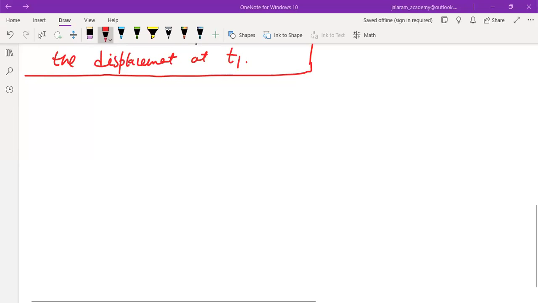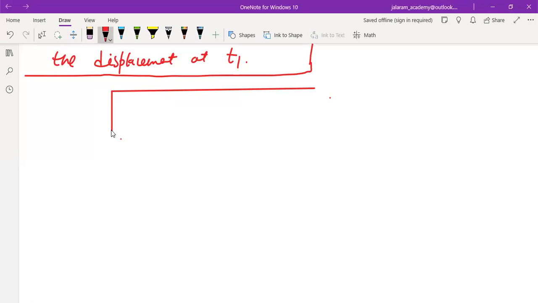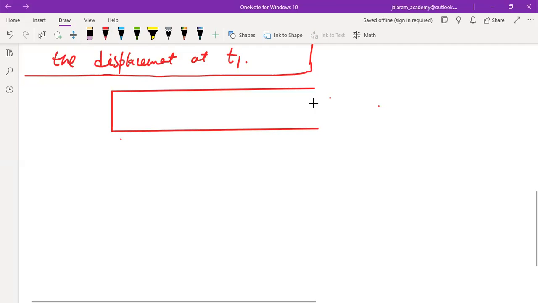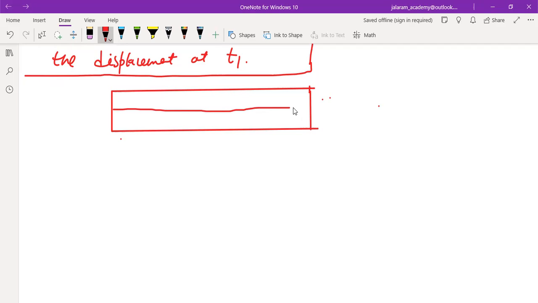For this, draw a table showing the displacement at the different periods of time.